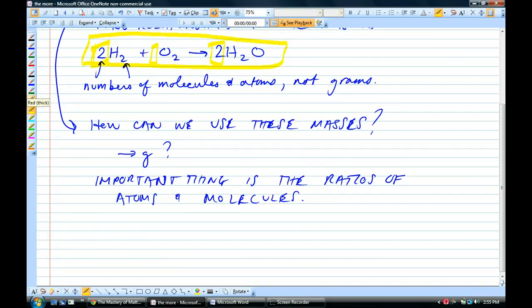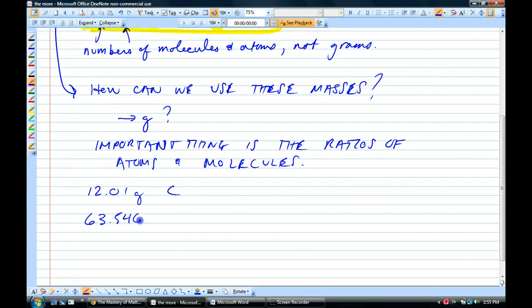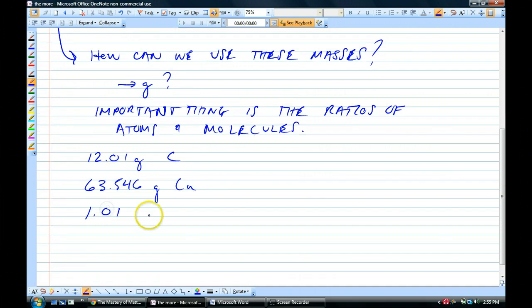So now we need to realize this, that if we take any of the atomic masses, let's say 12.01 grams of carbon and 63.546 grams of copper, or 1.01, I'm sorry, not grams, these are AMU originally, right?